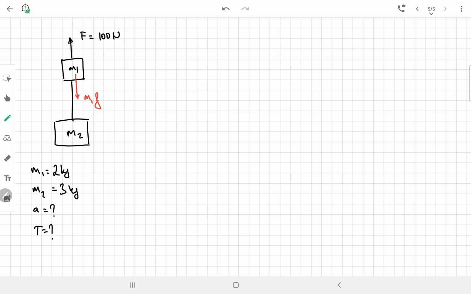M1 is trying to move upward, but the rope is trying to hold it. It means it's obvious that tension will be directed downward. So we have three forces: 100 Newton upward, tension downward, weight M1G downward.